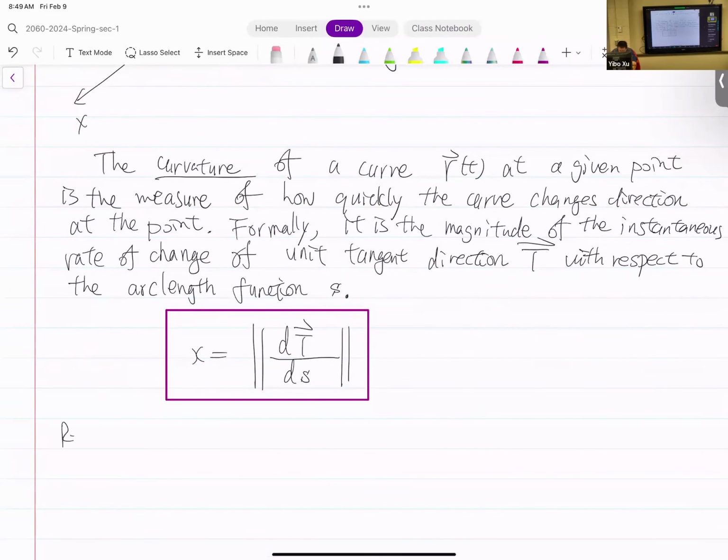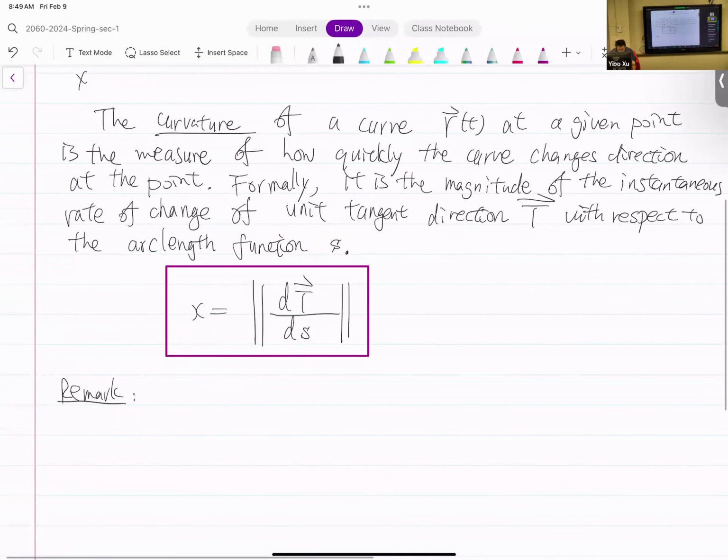Remark. Notice that basically we want to reparameterize everything in terms of s. That's what we are doing here. So if you think about the rate of change of the unit tangent direction, here we are using the intermediate variable s.